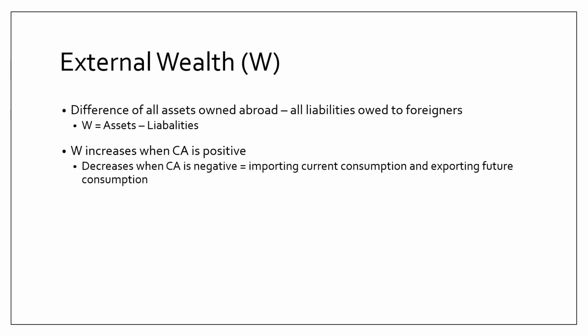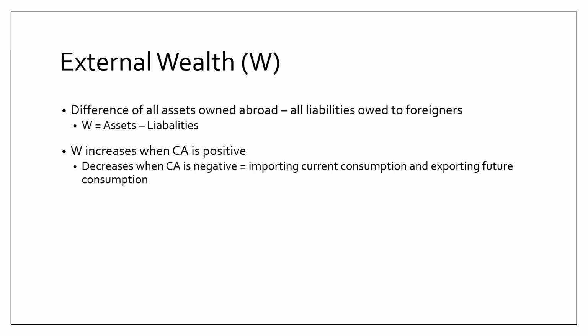An important measure is a country's external wealth, W: the difference of all assets owned abroad minus all liabilities owed to foreigners. All else equal, W increases when the CA is positive and decreases when the CA is negative. The CA is a flow, the W is a stock.